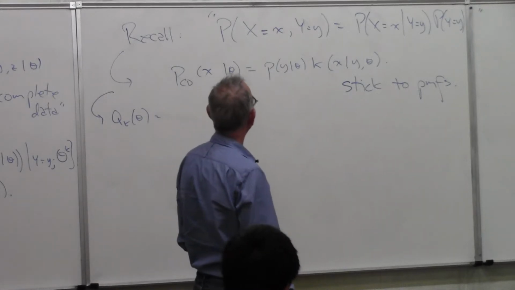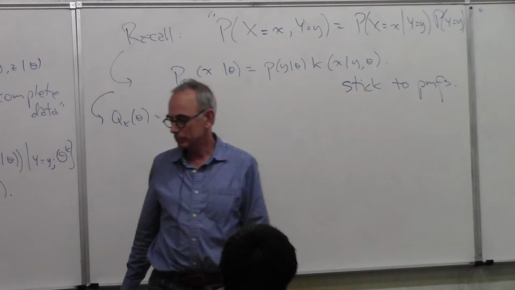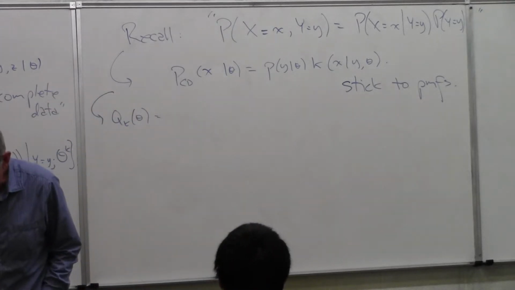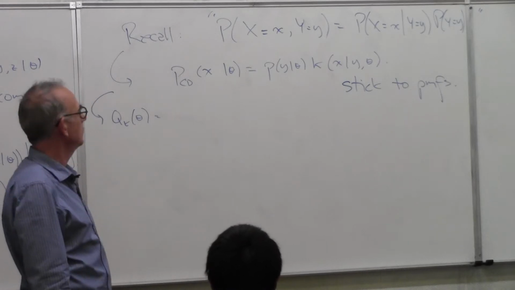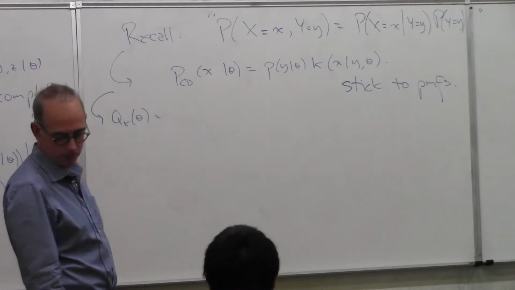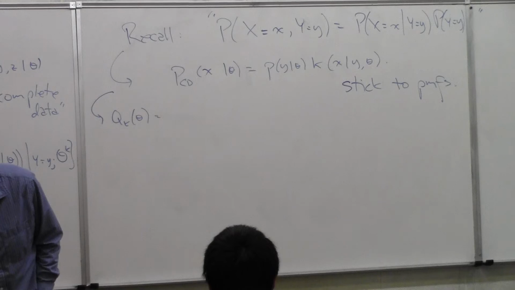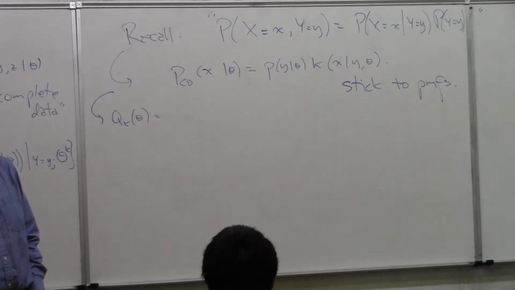Was there a mistake here? Well, it doesn't even matter. You're absolutely right. I could write Z given Y, but what I'm trying to do is stick to the notation in the text as closely as possible, and that's what he used.